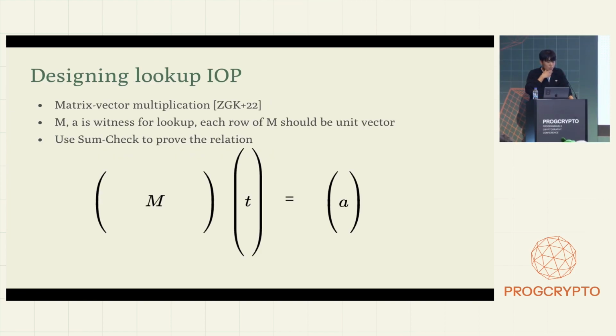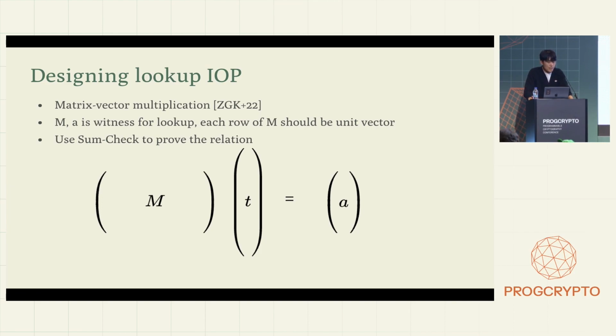I'll show how we developed the idea of the new lookup IOP. Let's model the lookup operation as a matrix-vector multiplication. This idea is not very surprising; it was introduced in the Baloo paper. Here, T is the public table, A is the witness of the lookup, and M is the matrix that encodes the indices of our inputs inside the table.